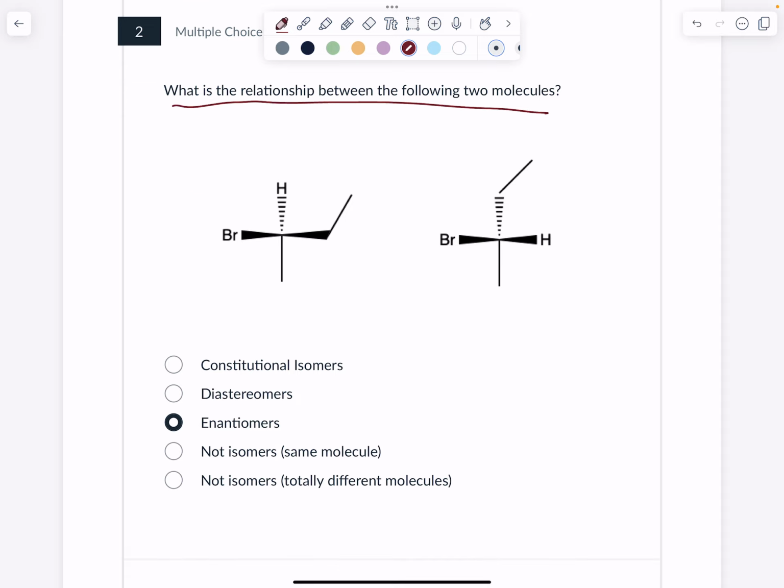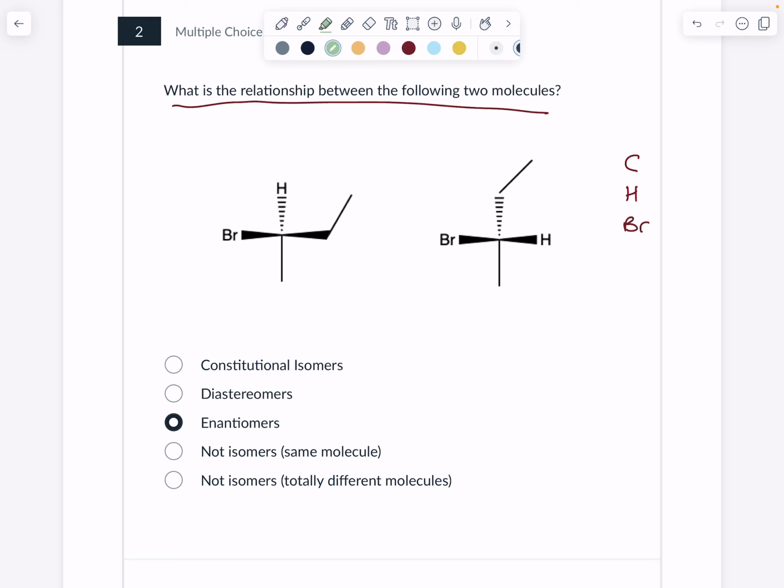The first thing I'm going to check is, are these isomers or not isomers? Do they have the same number of atoms, carbons, hydrogens, and bromines in this case? So we have 1 carbon, 2 carbons, 3 carbons, 1 carbon, 2 carbons, 3 carbons. Oh, actually I counted that wrong. Let me erase that. There are 4 carbons actually on each of these.